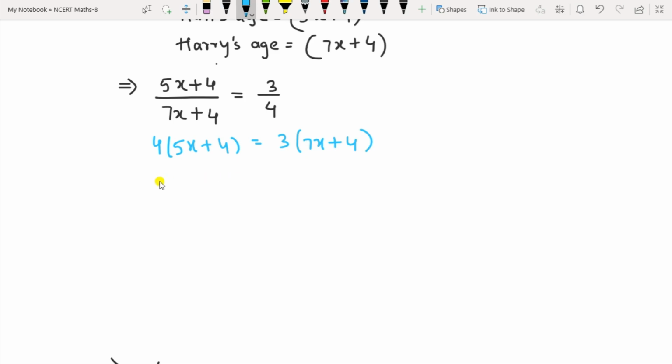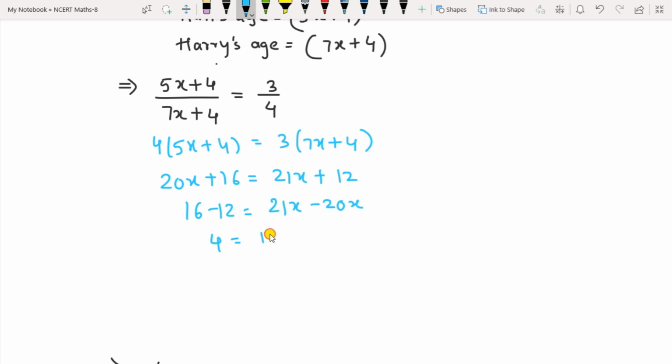So 4 bracket 5x plus 4 equal to 3 bracket 7x plus 4. So 4 5s are 20x plus 16 equal to 21x plus 12. Okay, now you can take here 16 minus 12 equal to 21x minus 20x.